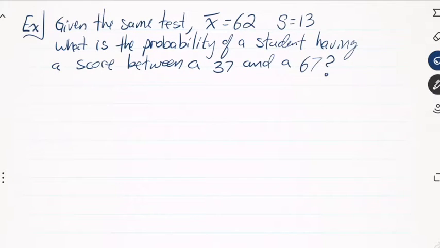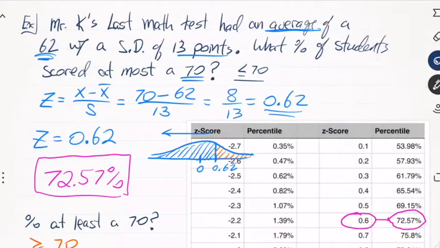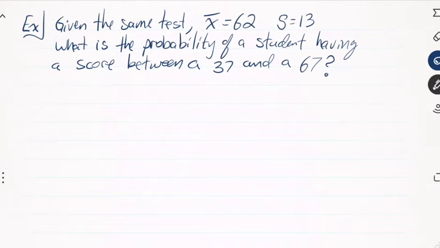All right, so let's use the same example, basically. The average of a 62 and the standard deviation of 13. And then what I want to do here is find the probability of a student having a score between two specific test scores, a 37 and a 67.